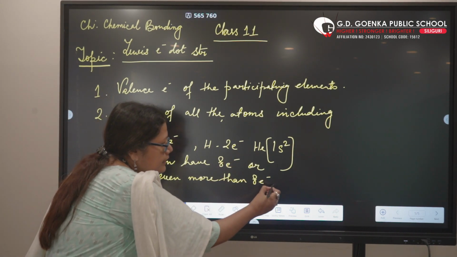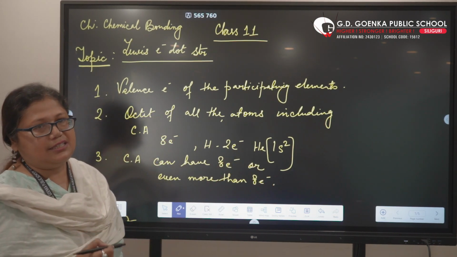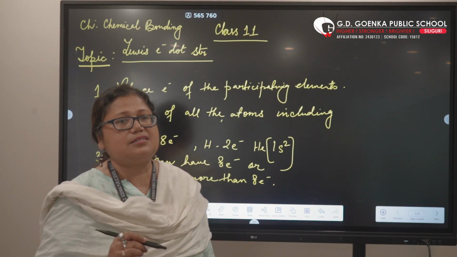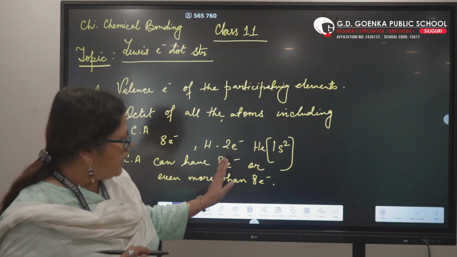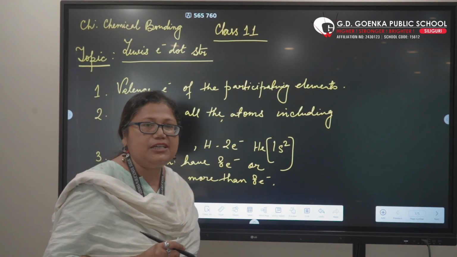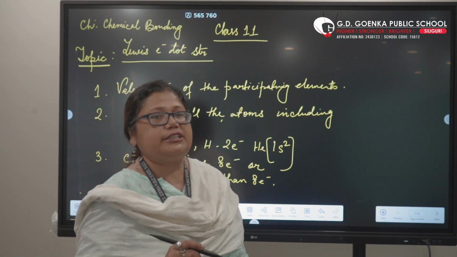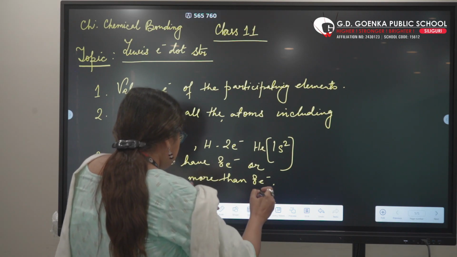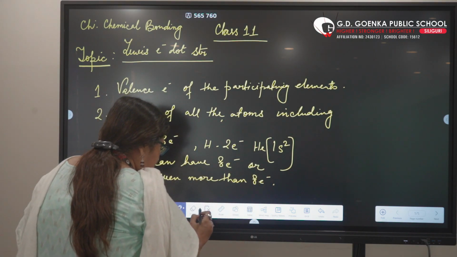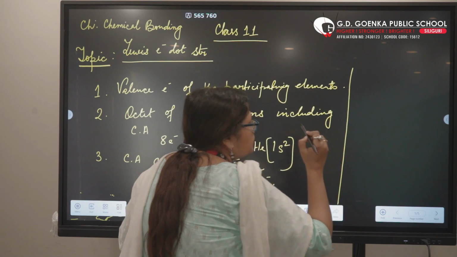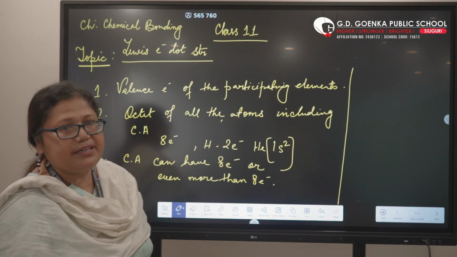So the central atom will have the tendency to remain in its maximum covalency state, and to remain in its maximum covalency state, the central atom can even violate the octet rule. This is very important. So there are some cases where we can show that the octet rule is being violated.